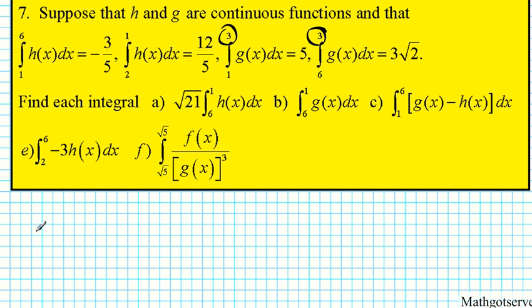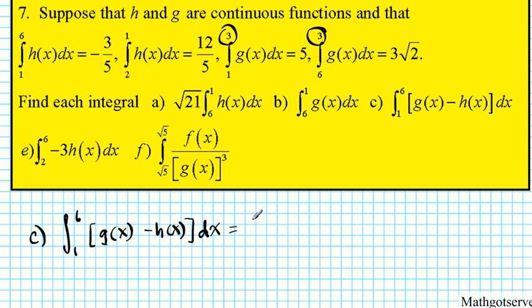So let's write it down. For C, we're looking for the definite integral from 1 to 6 of g of x minus h of x dx. Obviously we're going to be using the difference rule here.